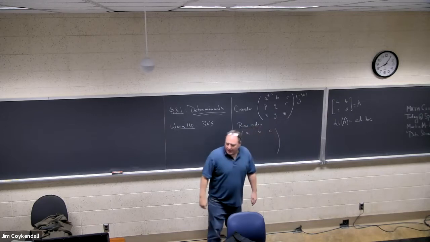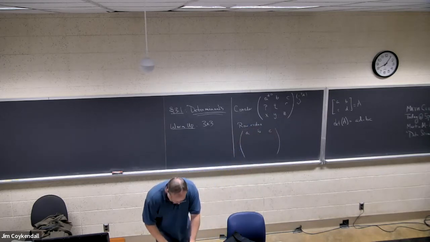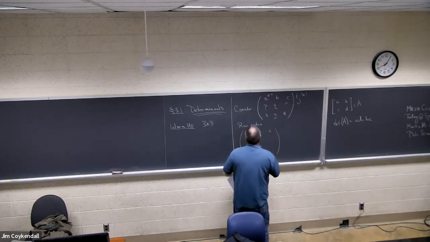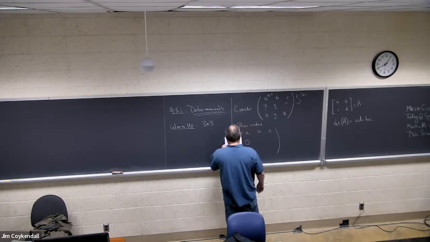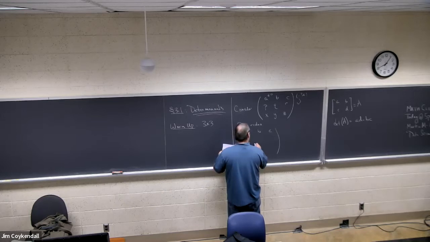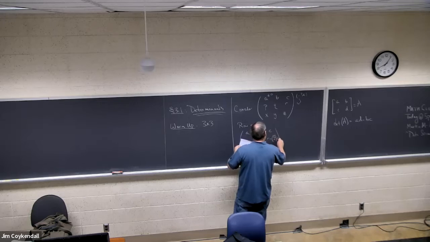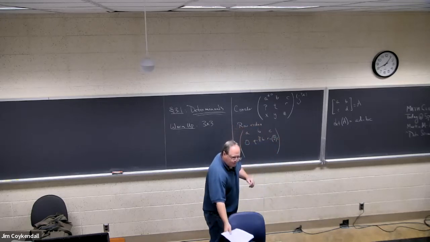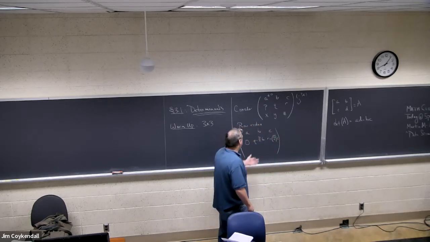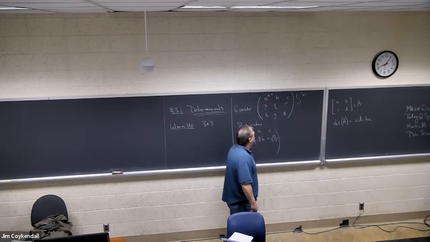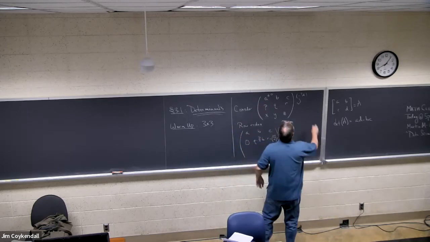And so what I'm going to get here is 0, and I'm going to get Q minus P over A times B, and R minus P over A times C. Super obnoxious, but that's what I get. And I'm going to do the same thing down here.